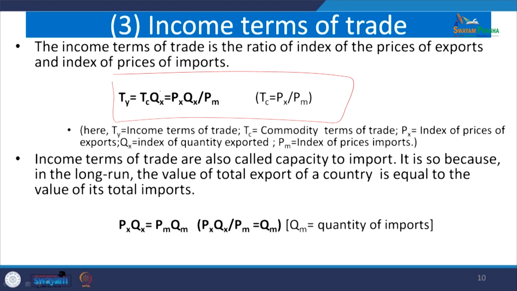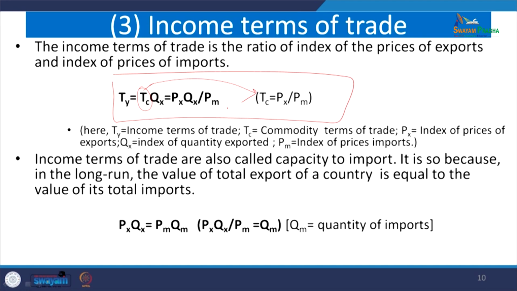Now, it is actually equal to the terms at which trade takes place, which is nothing but the net barter terms of trade. I think we already used this notation in the earlier measurement, net barter terms of trade, times the quantity.